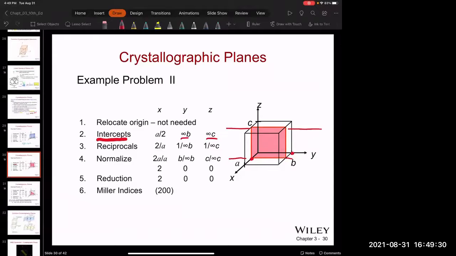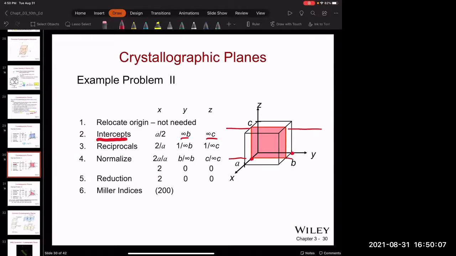You take the reciprocal of that, and you find the number after the reciprocal. Then you try to find if you need to reduce that or not. Okay, so in this case, we don't do the reduction if you only have a 1 or 2. Actually, the previous one probably I shouldn't do the reduction unless all three numbers are non-zero. If there's a 1 that's 0, then you don't do a reduction.